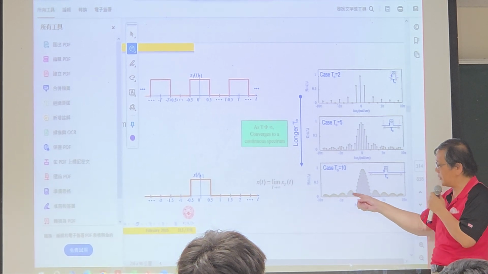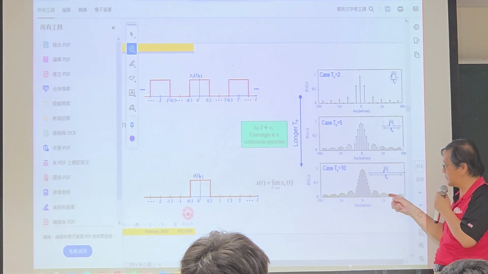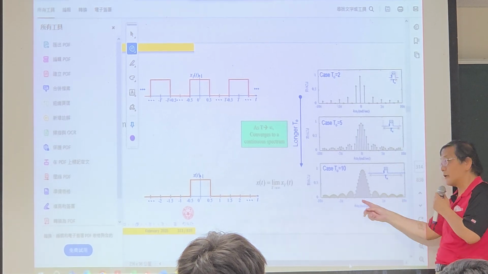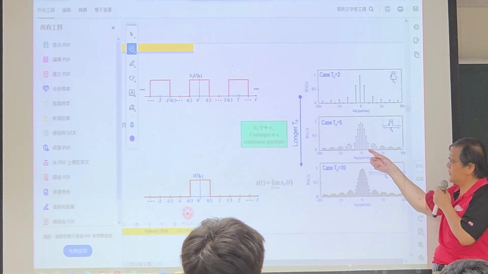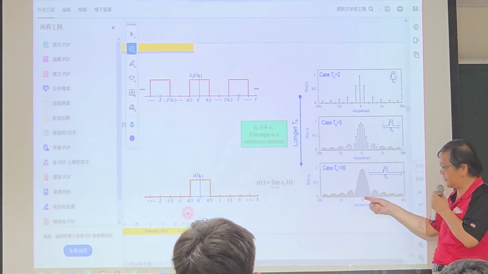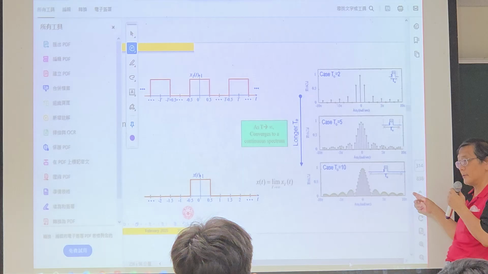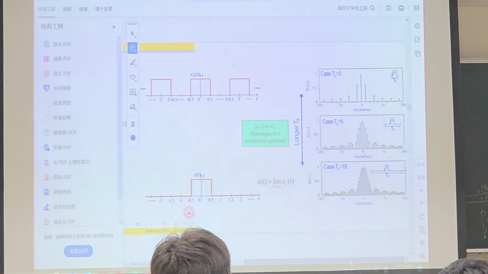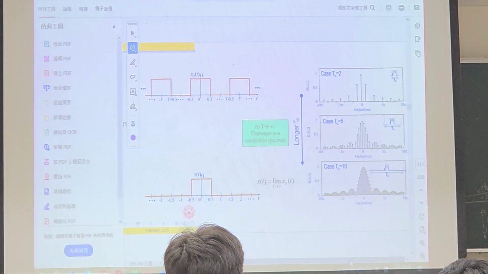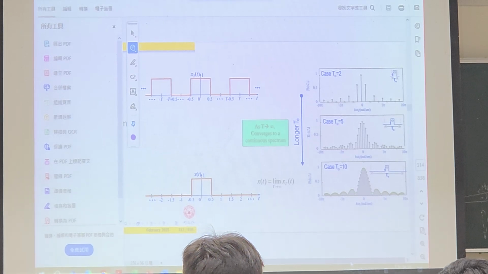And the frequency response now is a function of continuous frequency in the continuous frequency domain. This was discrete frequency. Now this becomes continuous frequency. That is a big difference. But they are similar. You can see that.